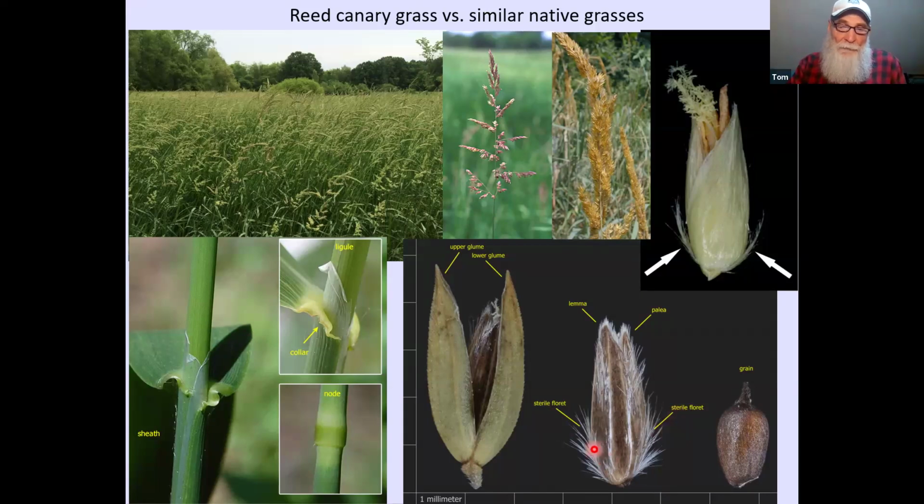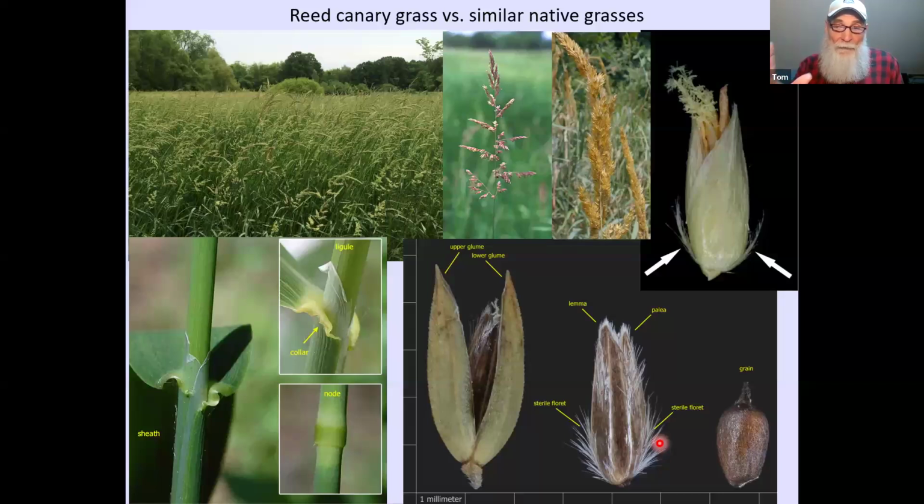But they still exist as a tiny reduced lemma, one of the other structures on the grass that we talked about last week. You can look at these and see them as hairy bristles, I suppose, but developmentally and morphologically they are thought to represent very, very reduced lemmas.